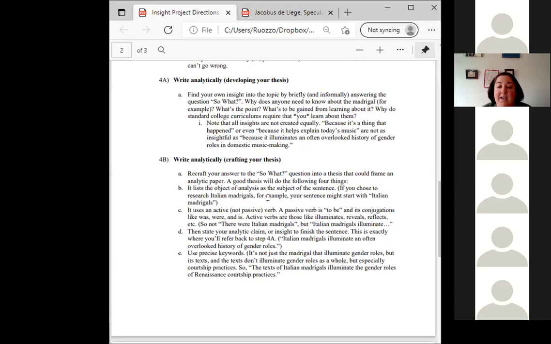Okay, note that, this is an important bit, all insights are not created equally. Quote, because it's a thing that happened, end quote, or even because it helps explain today's music, are not as insightful as because it illuminates an often overlooked history of gender roles, per se. It's not very strong to say, because this thing is interesting.